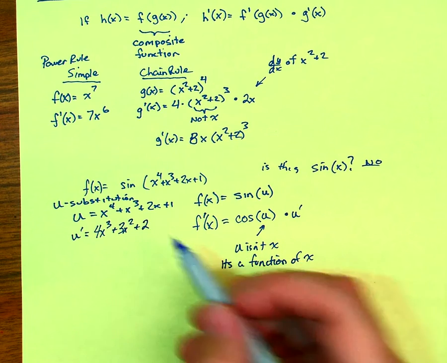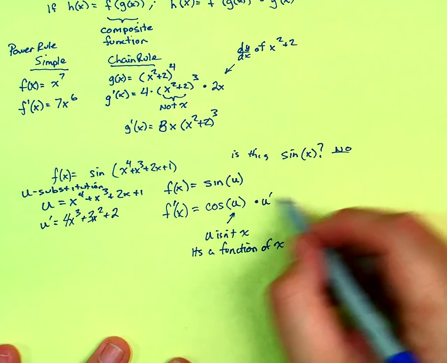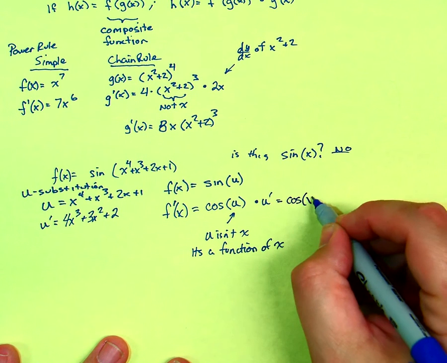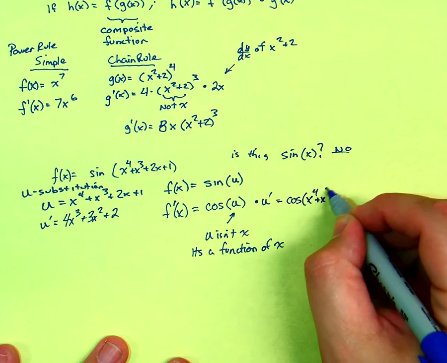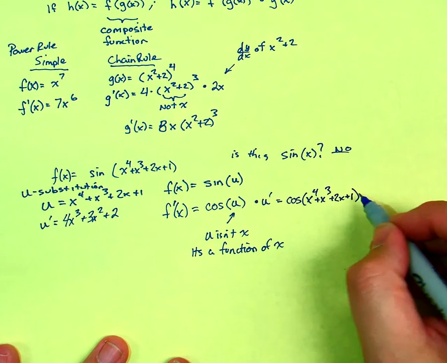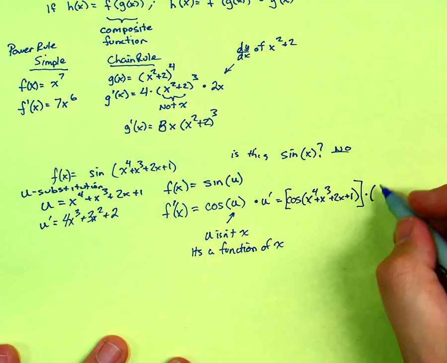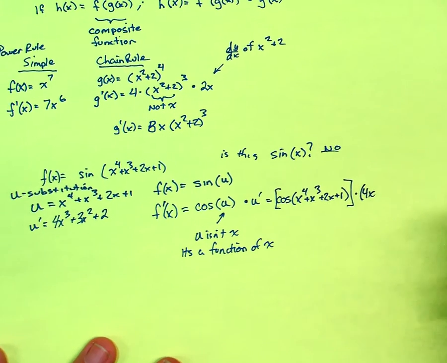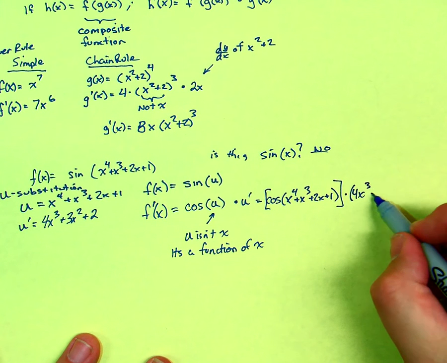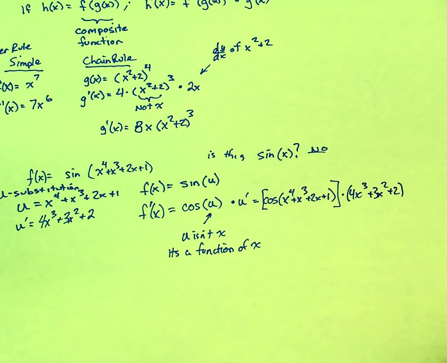Alright, so now I go back into this and I say this is actually going to be the cosine of x to the 4th plus x cubed plus 2x plus 1 times that 4x cubed plus 3x squared plus 2. And that's your final answer.